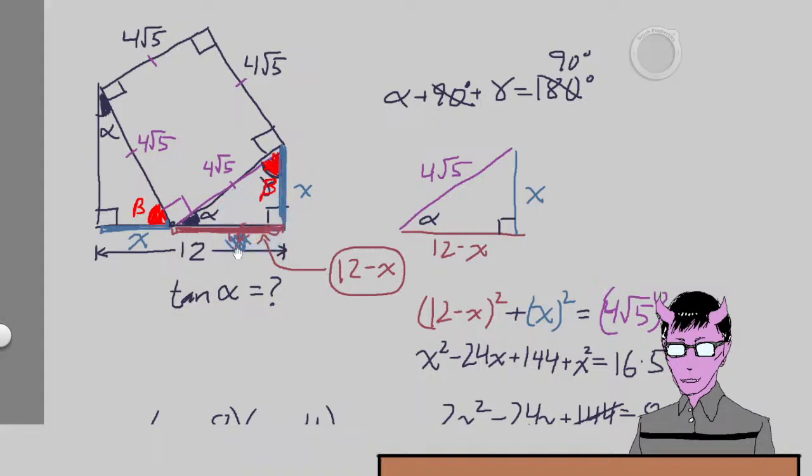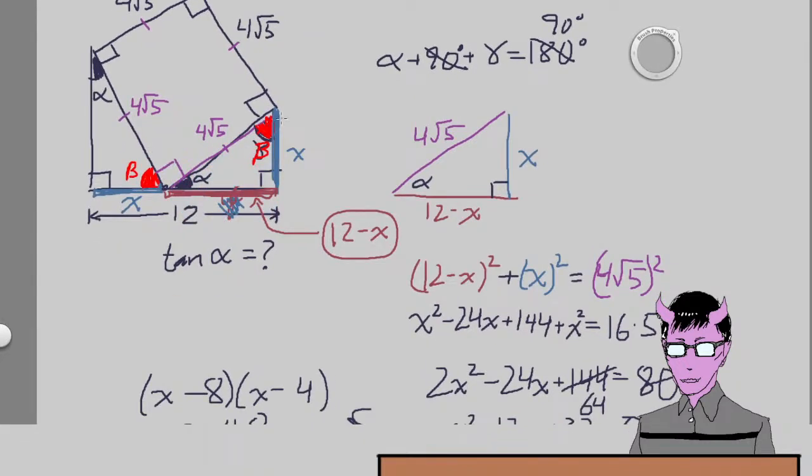and I'm trying to be very emphatic there, this x value is less than this value right here. So what I'm trying to say is, by the visuals, if you trust the visuals to a degree, we can see that this x is less than this one. So let me write that down. So 12 minus x is this brown, muddy red looking color. That's going to be greater than just this length right here.